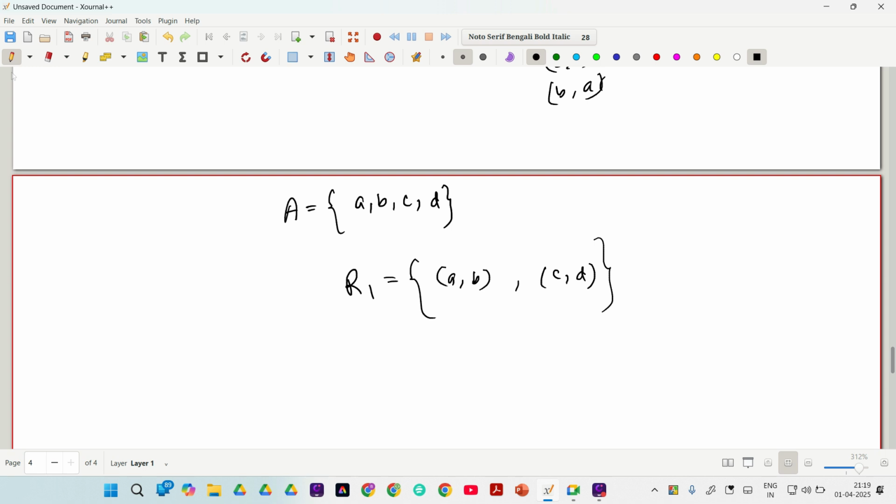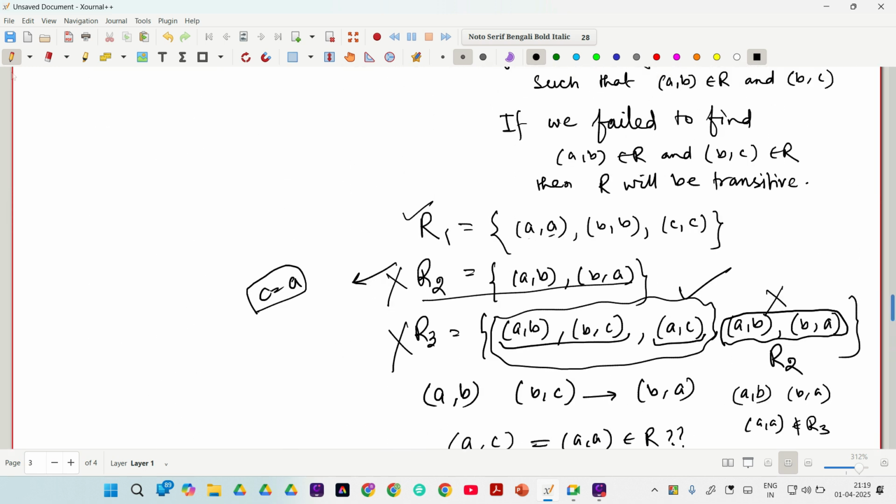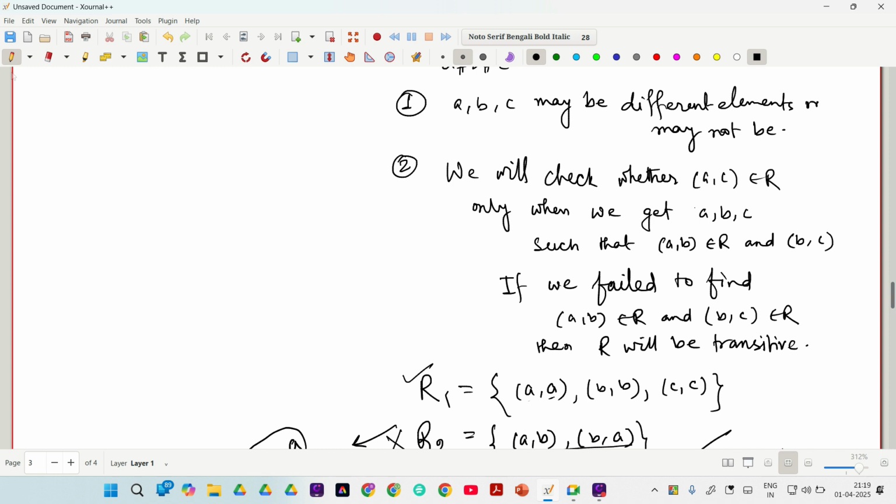Again, read the second point. I will give this note. So should I open the second point? Okay, I am opening. Read it and then try to find whether R1 is transitive or not. Sir, it is transitive. Okay.